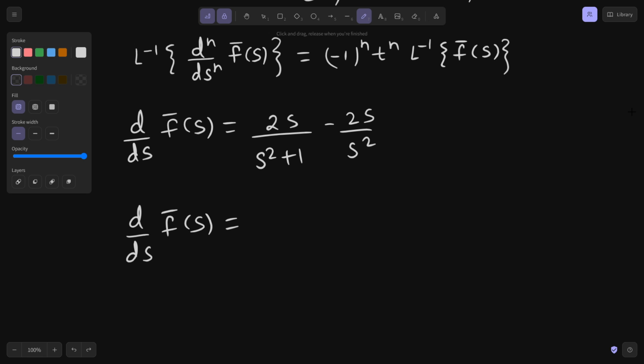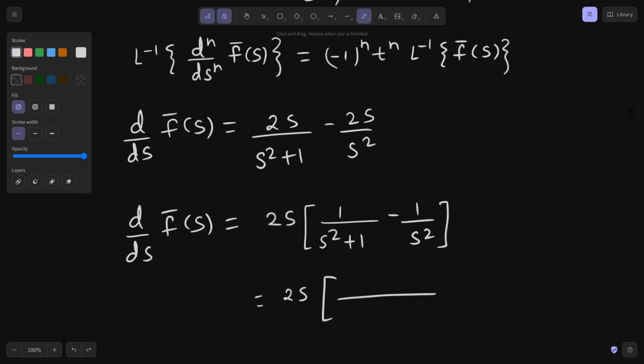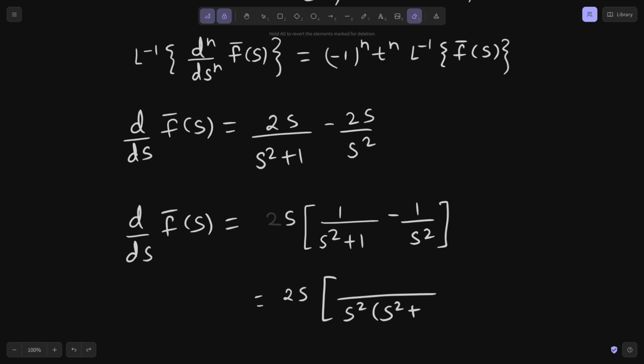2s if I take common, so 1/(s² + 1) minus 1/s². If I simplify this, I would get s² + 1 in the denominator. Now this is becoming complex, so I will not go this way.